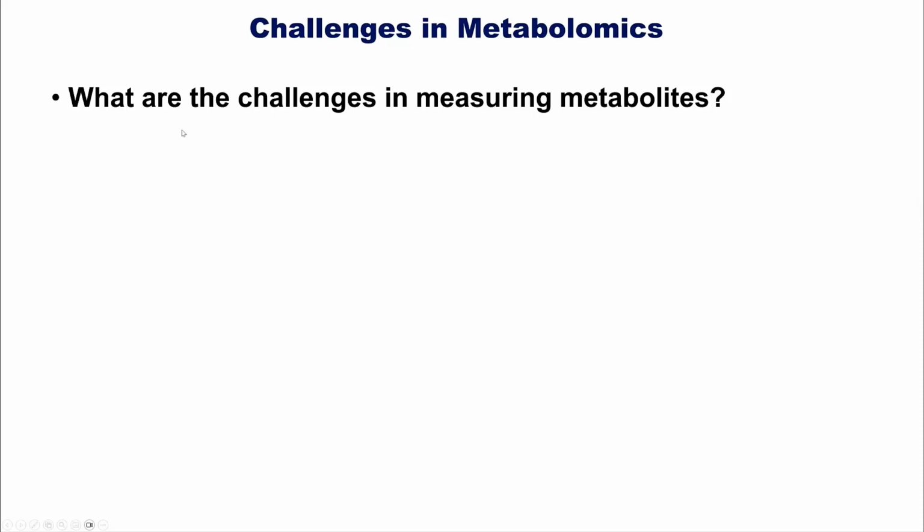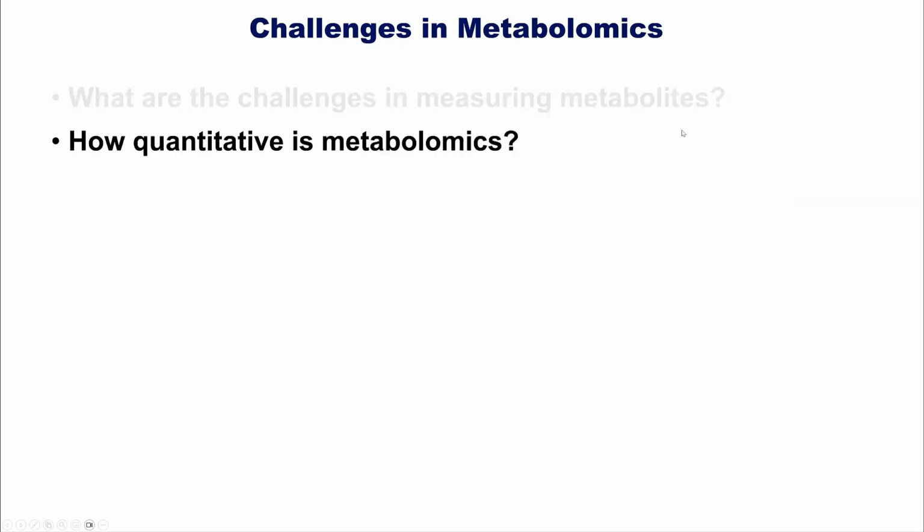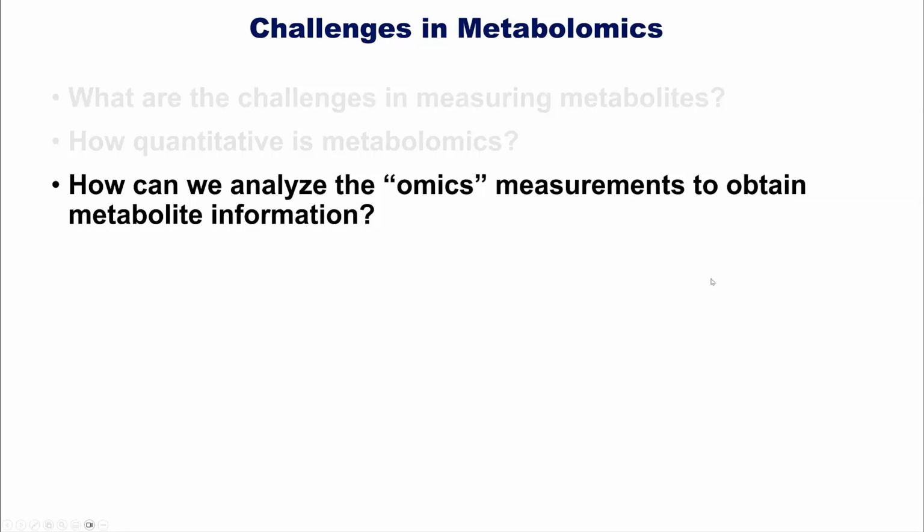We can characterize the dynamic state of an individual through metabotyping. What are the challenges in metabolomics? Well, how do you measure metabolites? Today, mass spec can produce tens of thousands of metabolites in one single measurement. How quantitative is metabolomics? With standards now, it's become extremely quantitative. So we can longitudinally monitor a human being for their metabolites in blood or serum, and we can look at the changes. How can we analyze the omics measurements to obtain metabolite information?